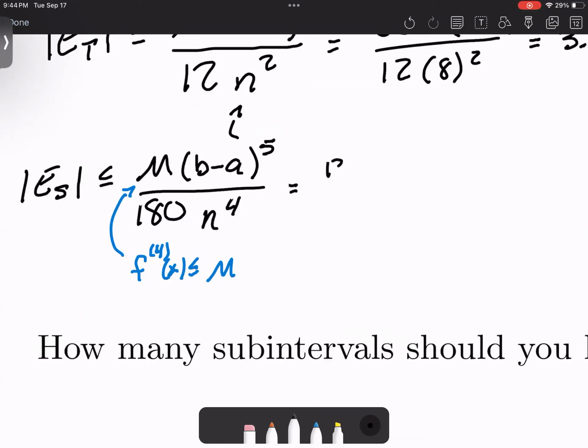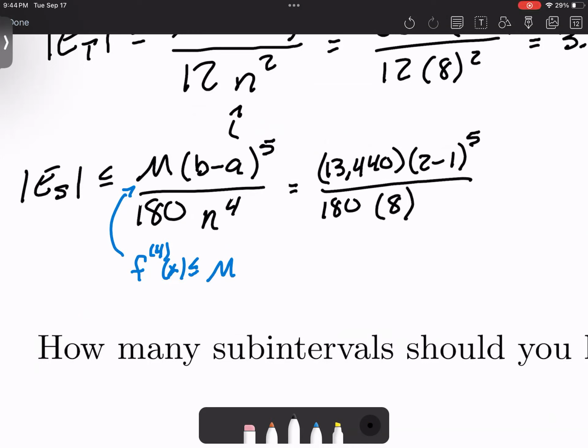So we have 13,440 times (b minus a), the interval is still 1 to 2, which we will raise to the fifth, and divide by 180, and n, if I still want to use a partition size of 8, I have 8 to the fourth.